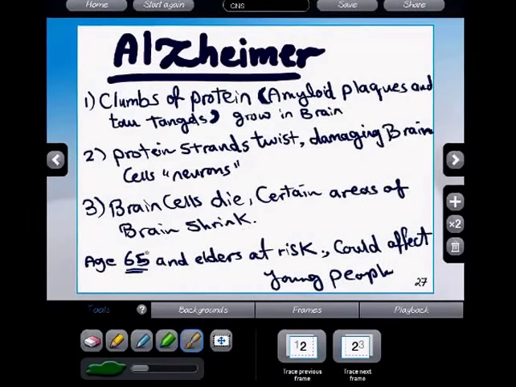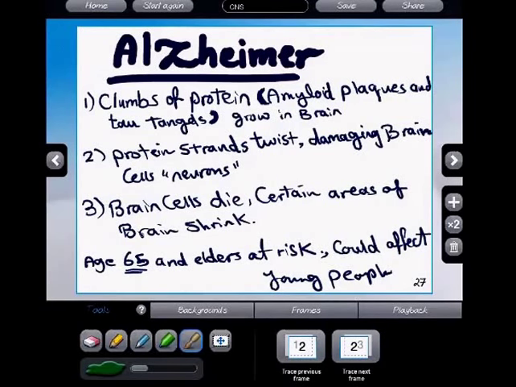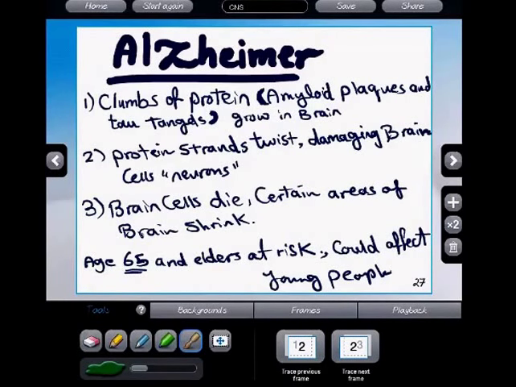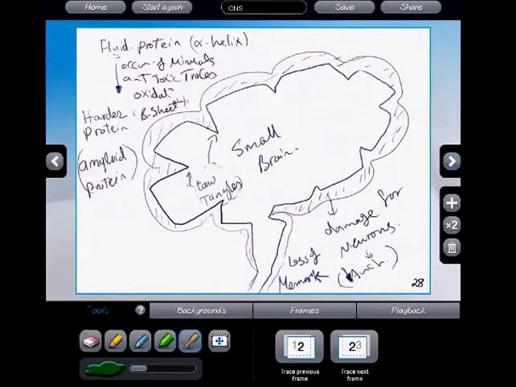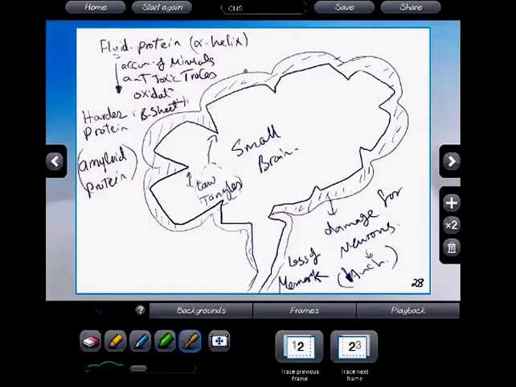This is most common in people over age 65, who have a higher risk, but it can affect younger people too.